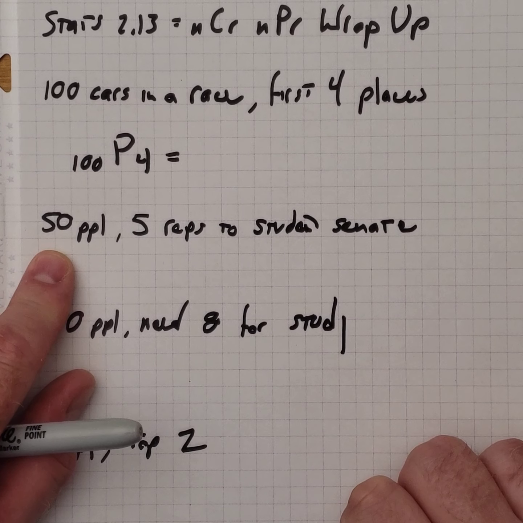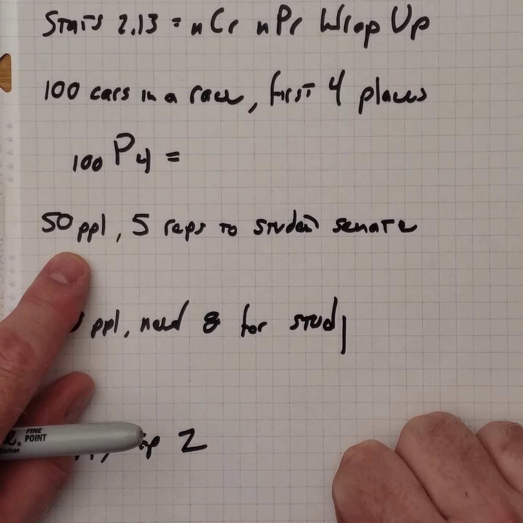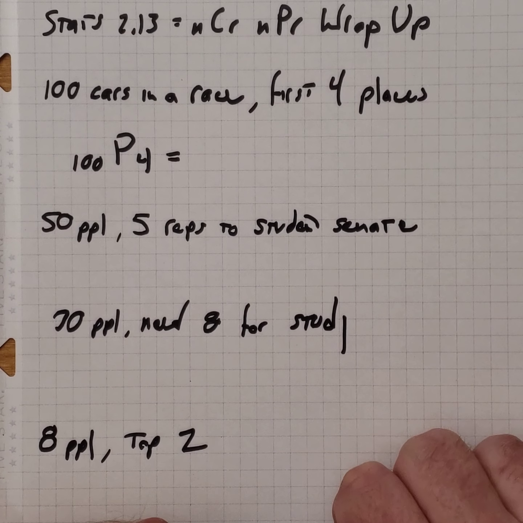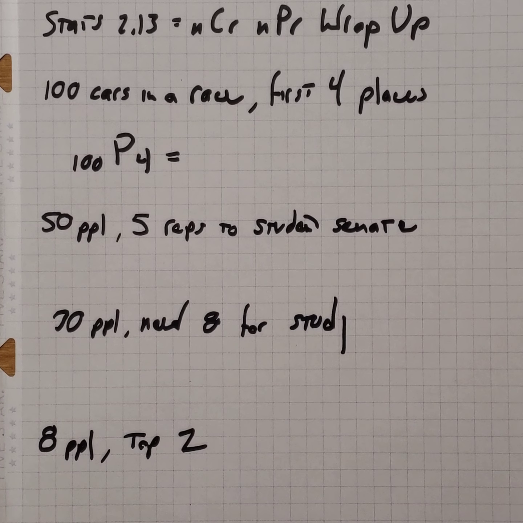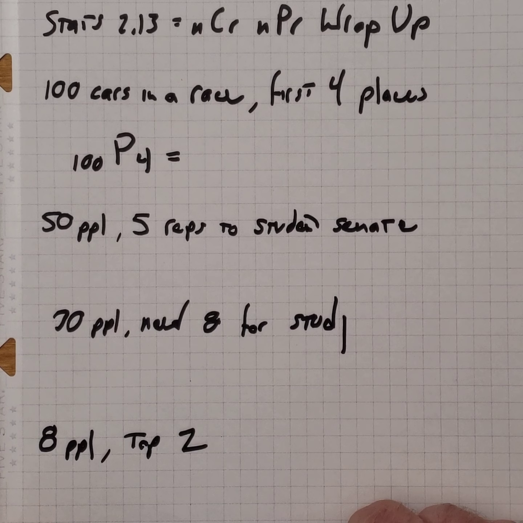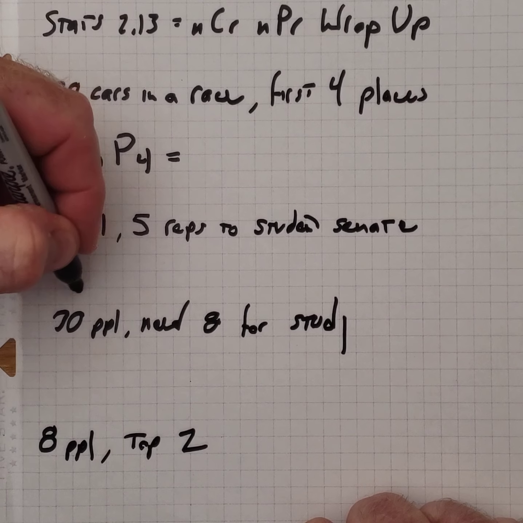How about the next one? If we've got 50 students and we need to pick 5 of them to be representatives on Student Senate, is that going to be a permutation or a combination? Well, all representatives to Student Senate are equal, so the order we choose doesn't matter. There's just going to be 5 students there voting on whatever Student Senate does. So that's going to be a combination.